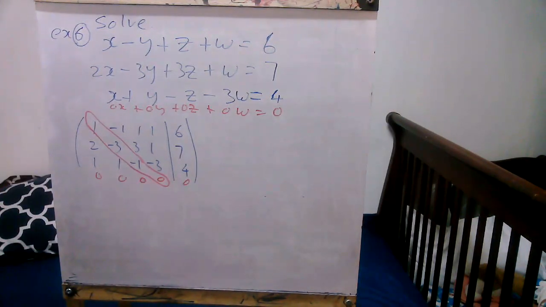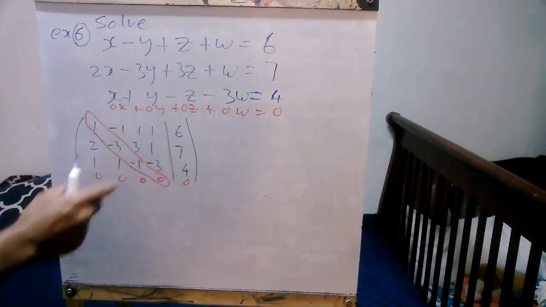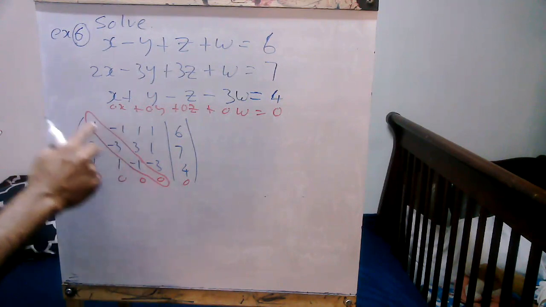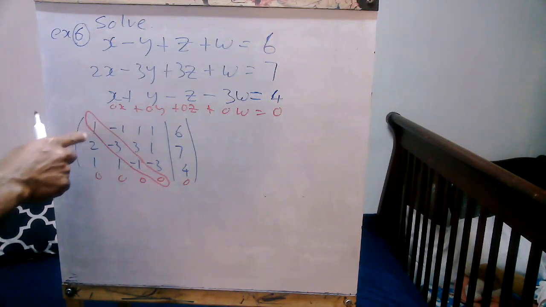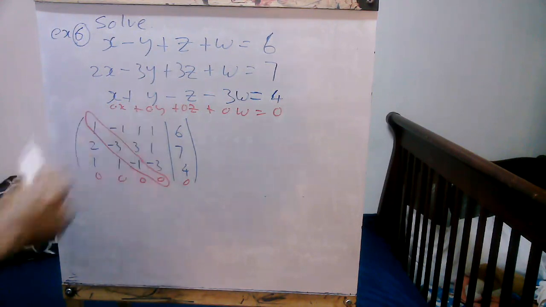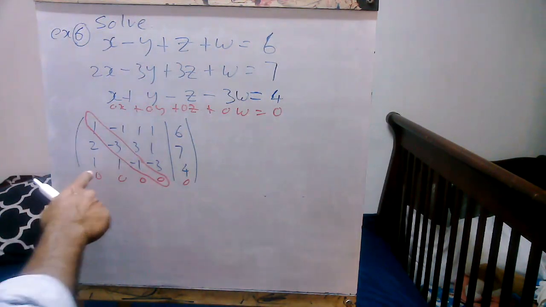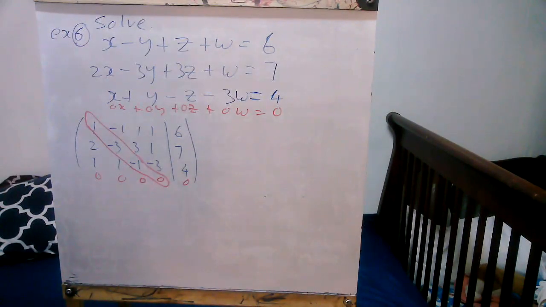Again, you don't have to write this, you may keep that in mind. The thing is, we can have diagonal. If we had only 3 rows and 4 columns, we cannot have diagonal. Then we can write these zeros and have diagonal, right?